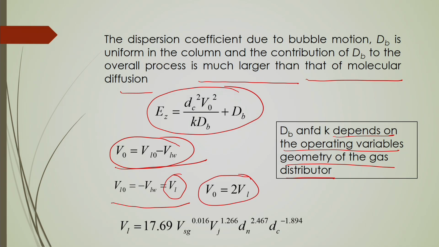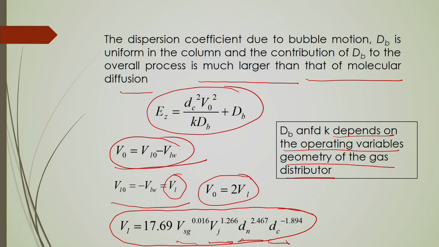This VL is the actual liquid velocity, which depends on the gas hold up. That gas hold up also depends on the superficial gas velocity, jet velocity, nozzle diameter, even column diameter. According to that, we can get correlations to find the actual liquid velocity at the axis.